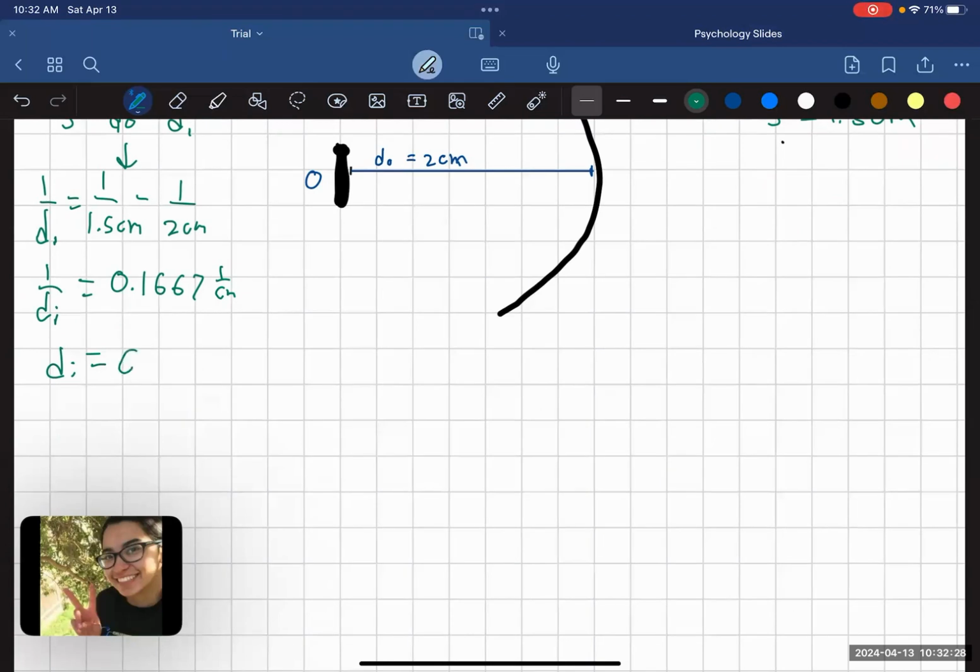I got 6 centimeters. When I say inverse, I just mean that DI is equal to 1 over your fraction.